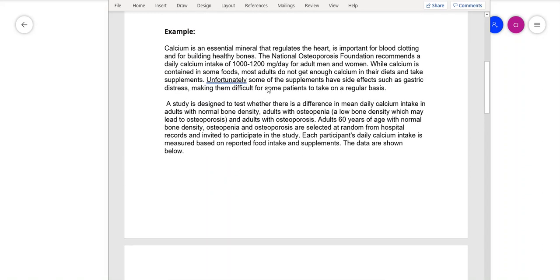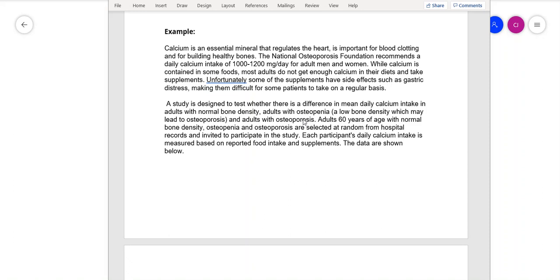A study is designed to see whether there's a difference in the average daily calcium intake, or mean daily calcium intake, in adults with normal bone density, adults with osteopenia, low bone density which may lead to osteoporosis, and adults with osteoporosis.